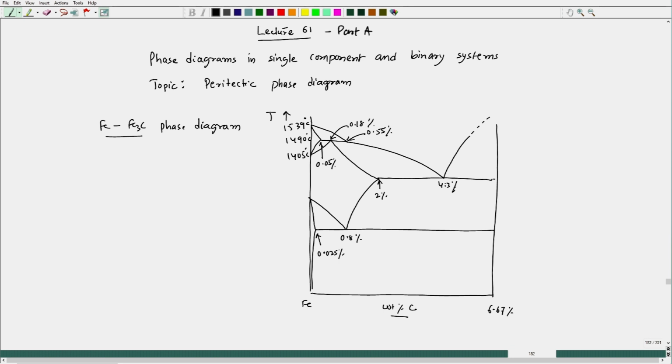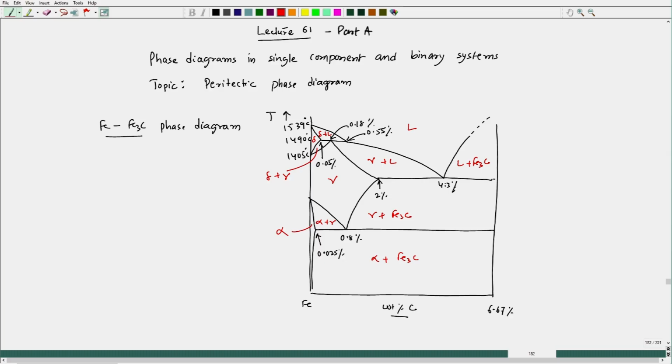And the phases are: here we have delta, delta plus liquid, this is liquid, gamma plus liquid. In this zone we have delta plus gamma, gamma. Here we have alpha, alpha plus gamma, gamma plus Fe3C, liquid plus Fe3C, and here we have alpha plus Fe3C. All the points and all the phase boundaries are marked.